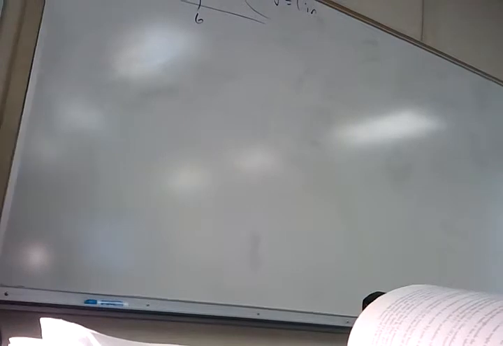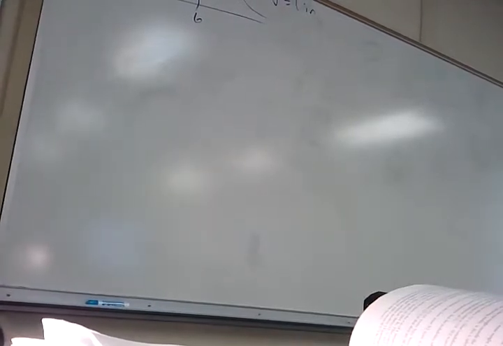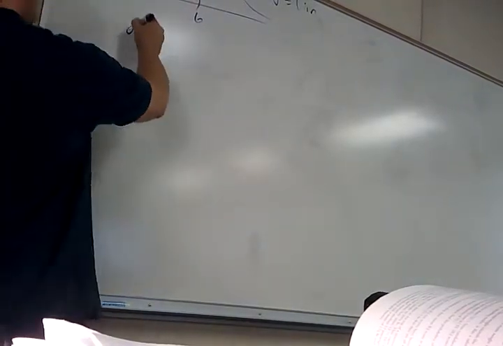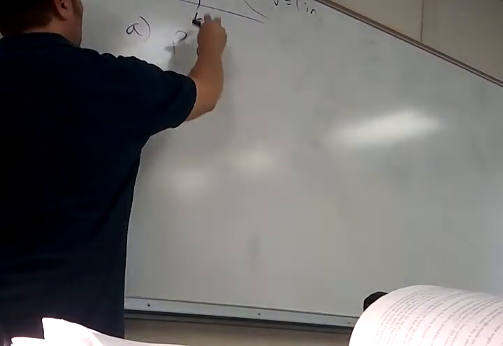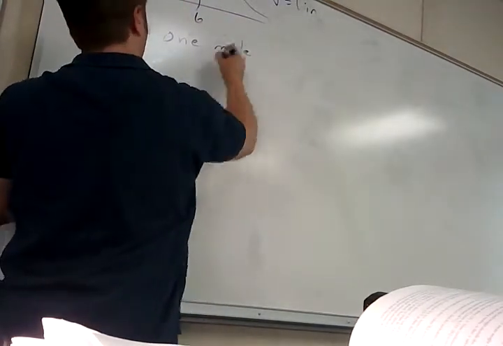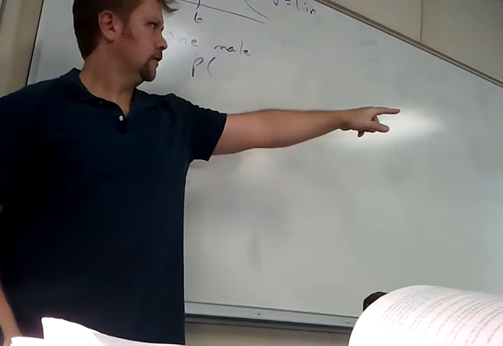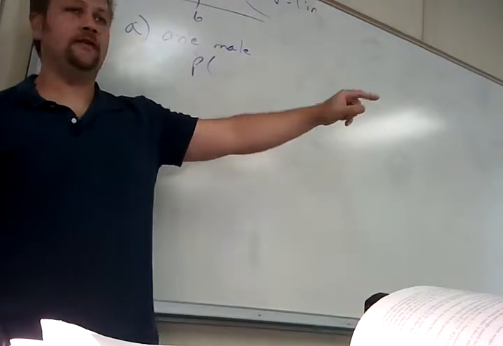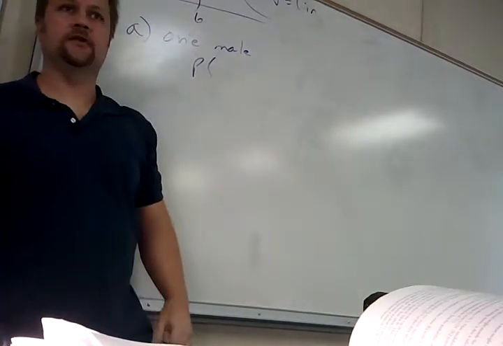So part A says, well, if one male is selected, if I take one male, what's the probability that his head breadth is less than 6.2 inches?